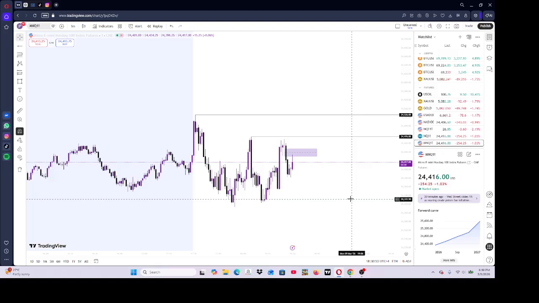So let's see what is going to happen in the market today. The first 1 minute candle. Fill this gap. Now I need continuation confidence to the downside. Gotta wait.